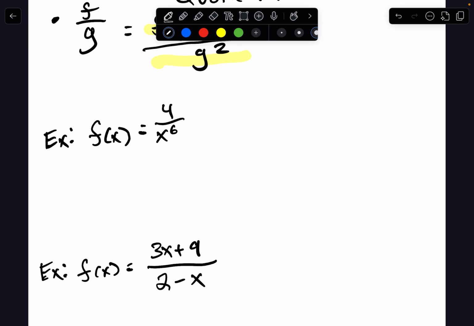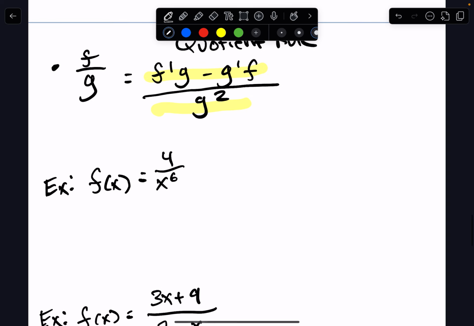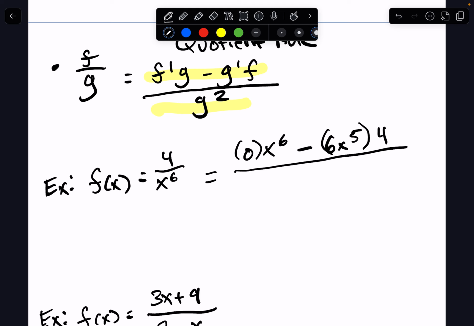f of x equals 4 over x to the 6th power. Now, if you go through the top half, you get f prime, so you'll get 0 times x to the 6th, minus 6x to the 5th, because we're taking the derivative of the denominator, and you multiply that by the 4 value, all over g squared.